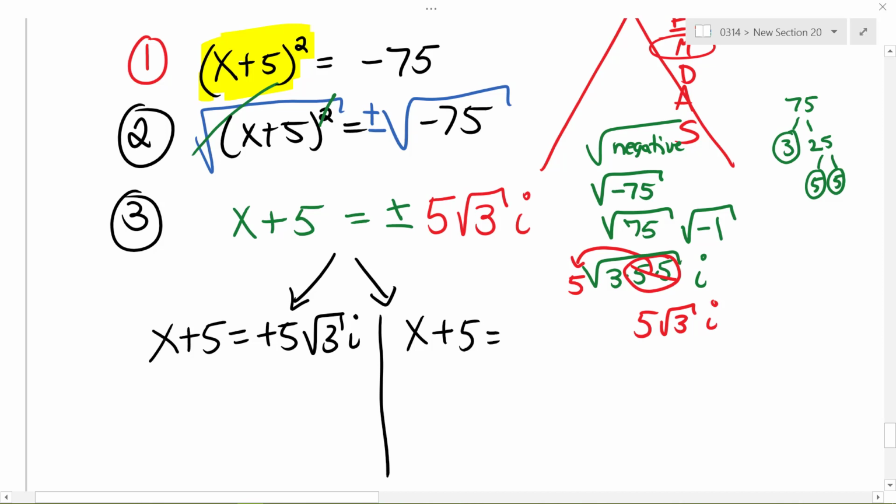So the left-hand side, x plus 5, that stays the same, so that's not changing. But the right-hand side, we're going to recognize that that is both a positive and a negative answer. Okay, so we're going to treat that as a positive on the one hand and then a negative on the other.